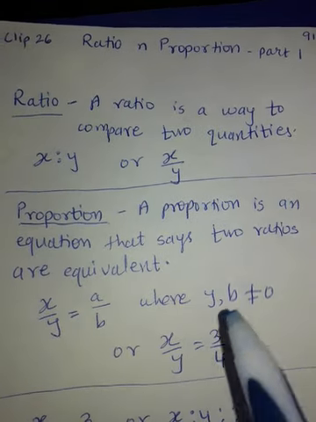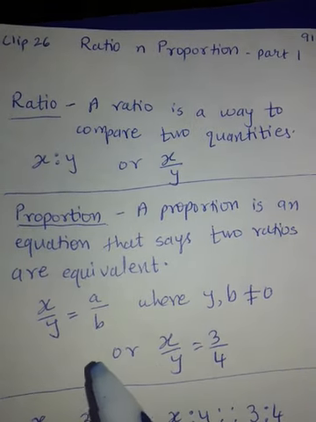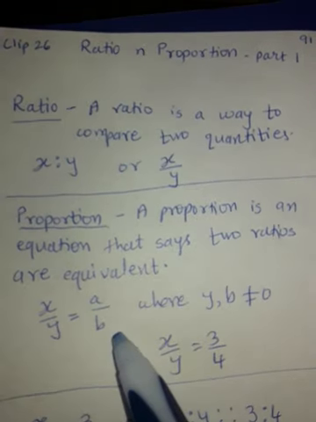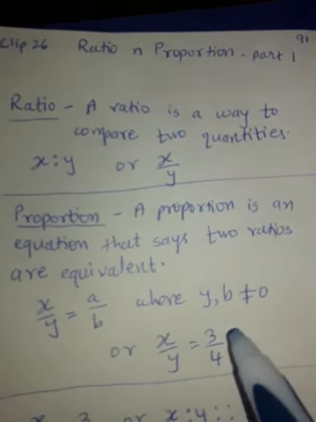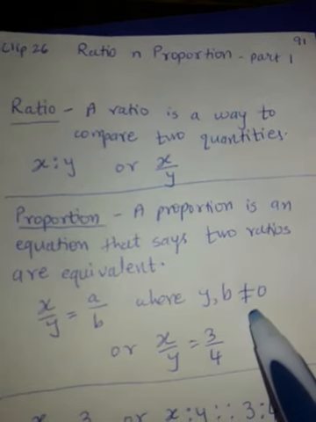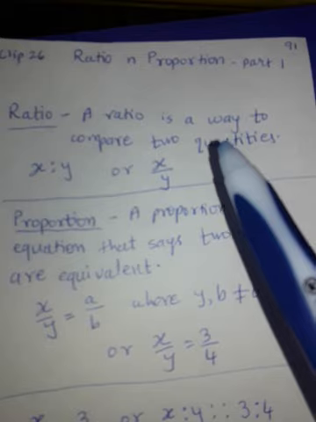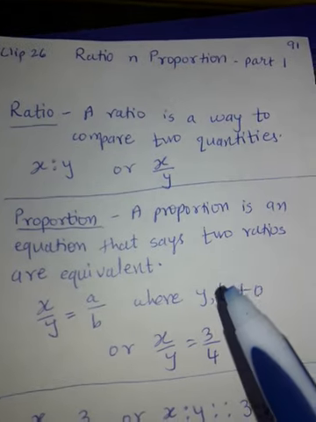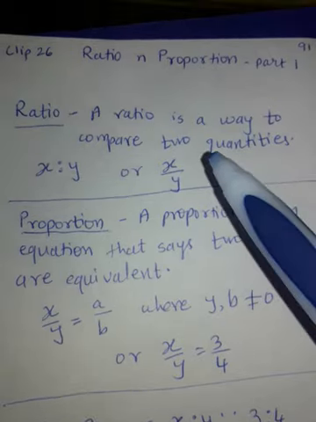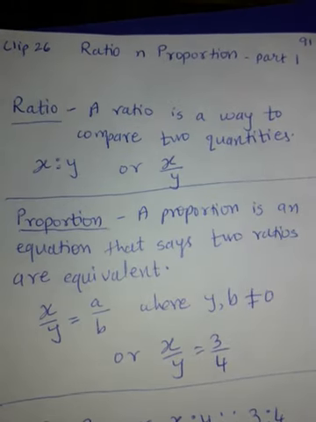It's an equation that says that two ratios are equivalent. x upon y is equal to a upon b, or x upon y is equal to 3 upon 4. The denominators are non-zero, that is the condition. These are not actually mathematical definitions, these are very easy language definitions.